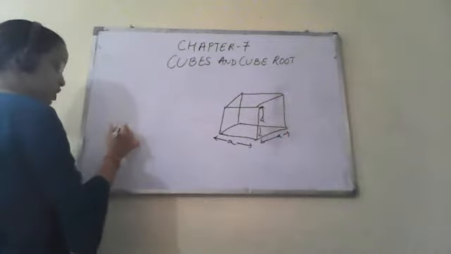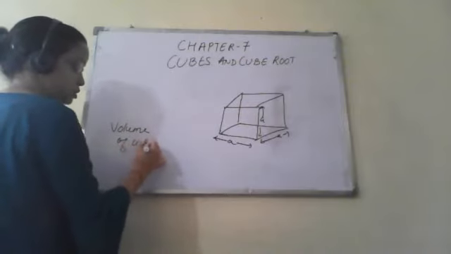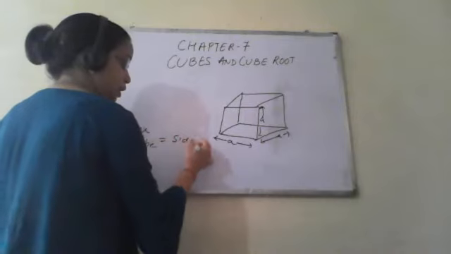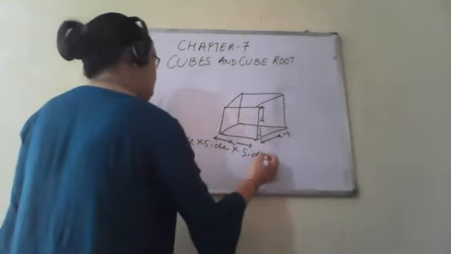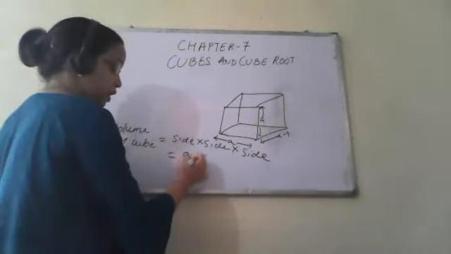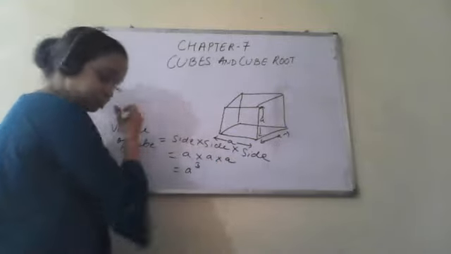So if we have to express the volume of a cube, it will be side into side into side, or if we take a as the side, it will be a into a into a, so that is a cube.